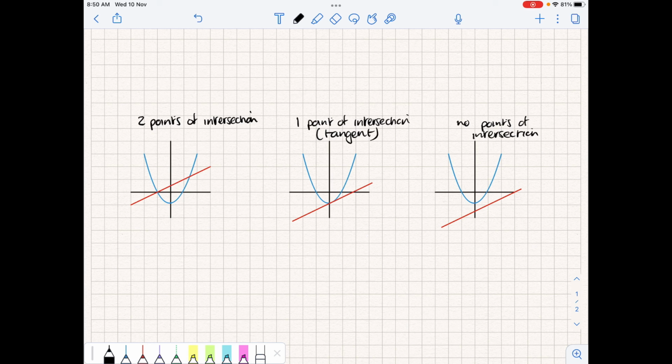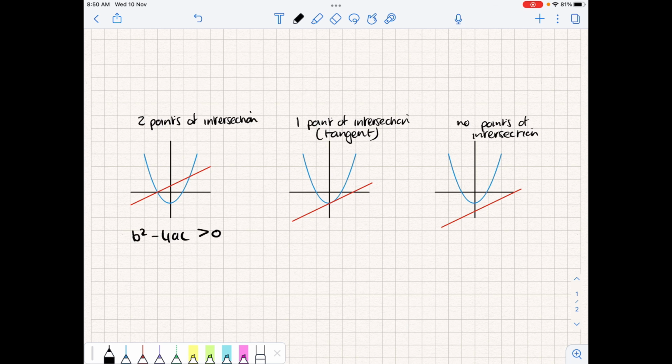And just like the roots of the quadratic equation that we looked at previously, if we consider the discriminant of this new equation, where we've equated the two equations together, exactly the same rule applies. So if b squared minus 4ac is greater than 0, we'll have two points of intersection.